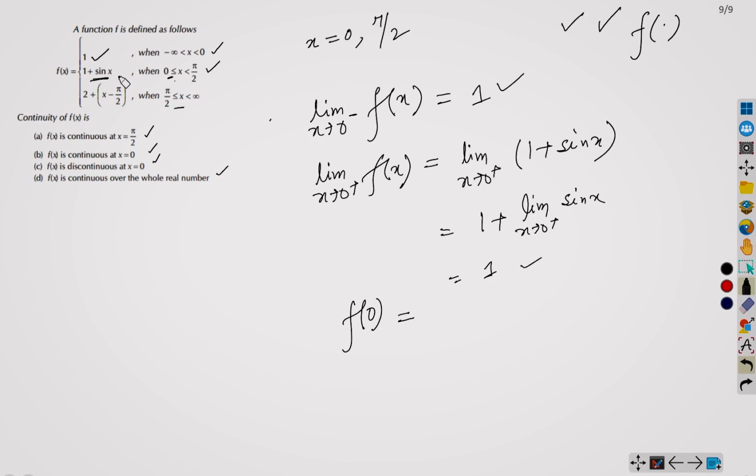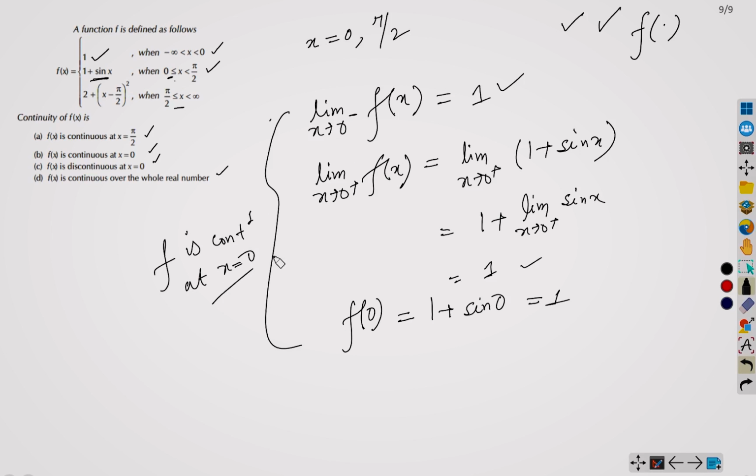We will not take the other definition because there x is strictly less than 0. X equals 0 in this definition. Therefore, f of 0 is 1 plus sine 0 equals 1. Hooray! Observe that the limit exists and it equals the function value at that point. Therefore, f is continuous at x equal 0.